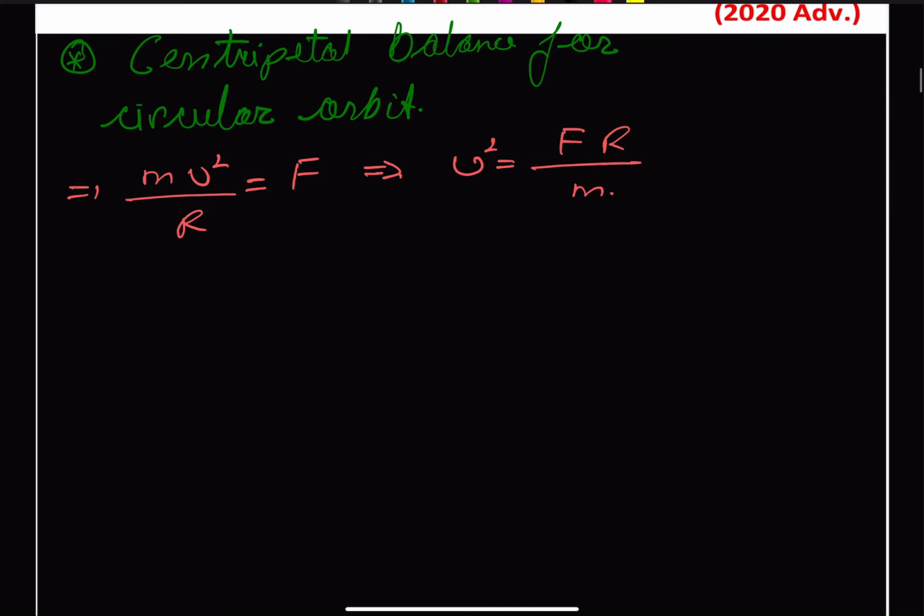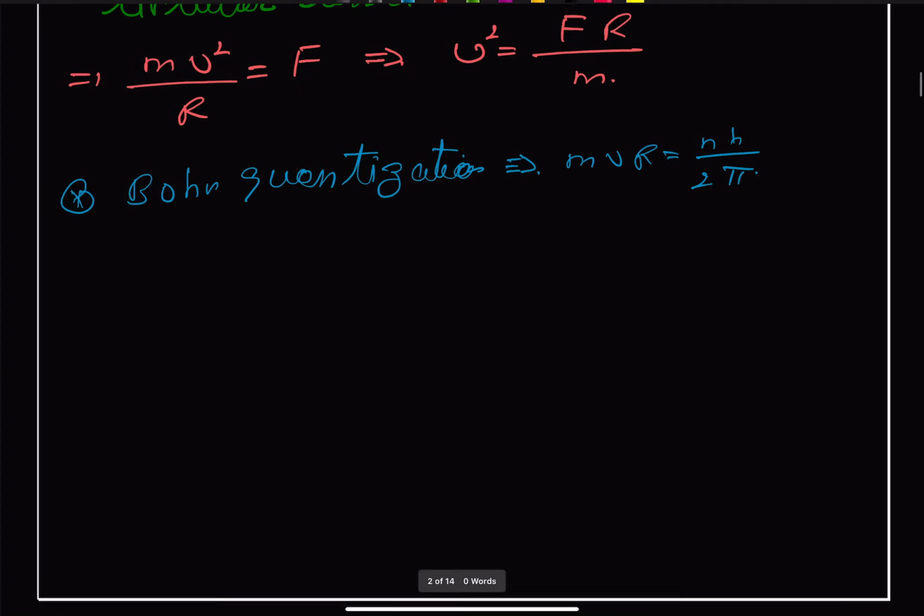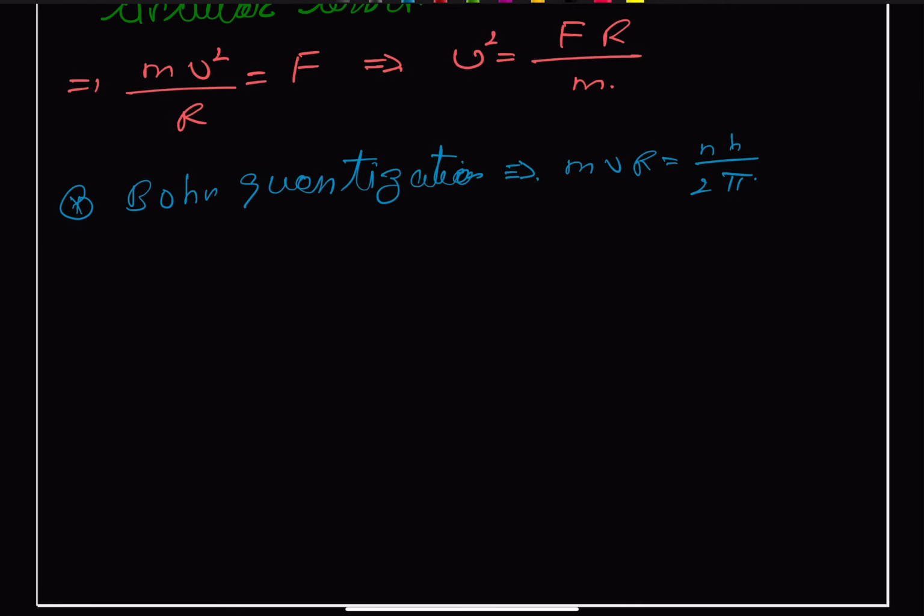Now from Bohr quantization with respect to the momentum, we can write that mvr will be equal to nh upon 2 pi, and from here we can easily find out our velocity v.